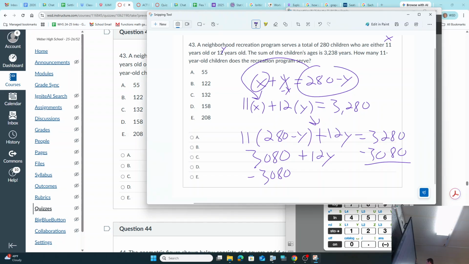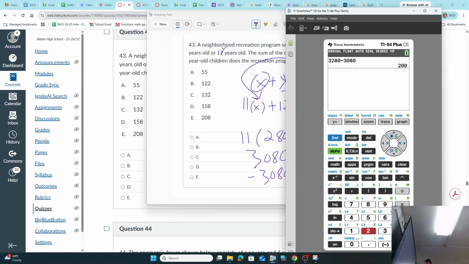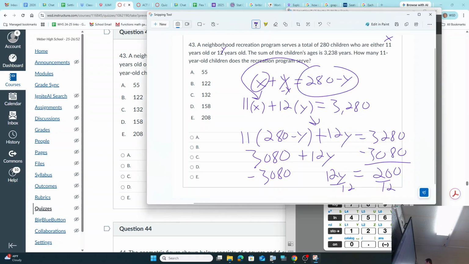Yep, 200. Okay, so we get 200, and then we have 12y is equal to 200. So now we divide by 12, and that'll tell us how many 12-year-olds. So 200 divided by 12 is 16.666 repeating.